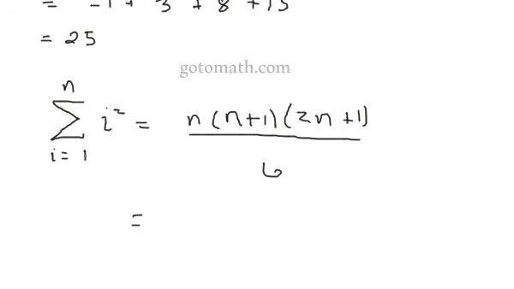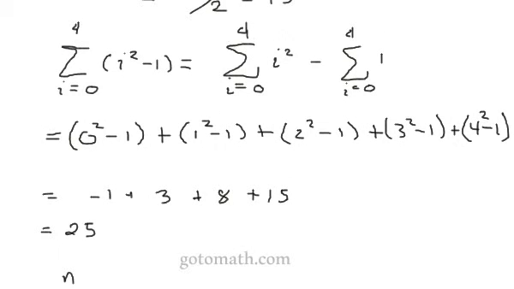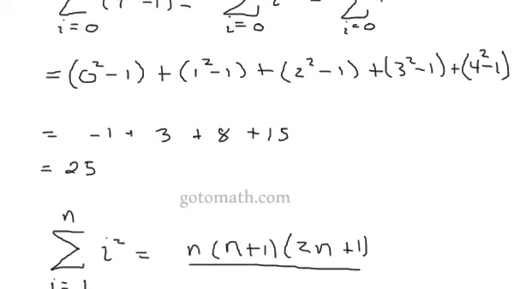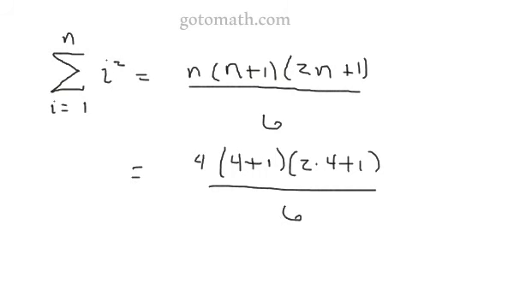So we're going from 1 to, what did I say again? 4, yeah, 1 to 4. So I'm going to plug 4 into all this up here and see what we get. So we have 4 times 4 plus 1 times 2 times 4 plus 1, and that's all over 6.